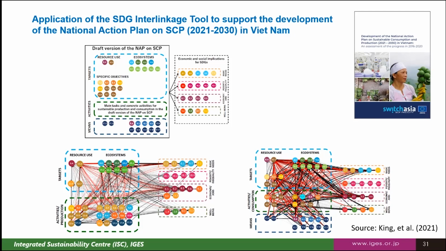We used the tool to assess the potential impacts on achieving the SDGs, which were used by the ministry in the consultation with other ministries and in the finalization of the policy measures. And the action plan was approved by the Prime Minister in 2020 for implementation.